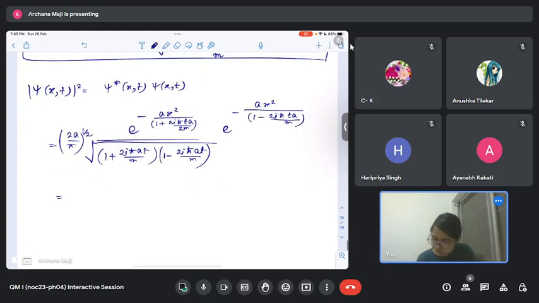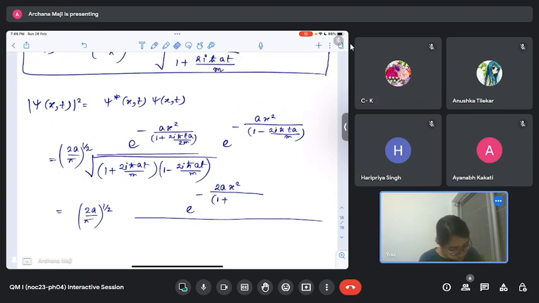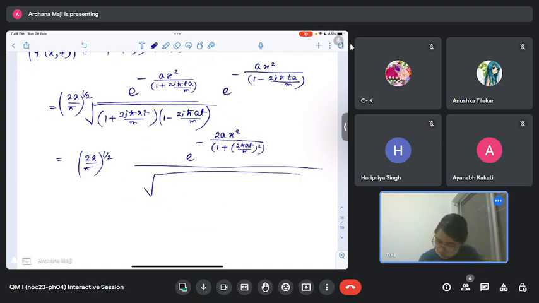Okay. So if you simplify this, these two are in the exponent, so they get added up, and if you simplify it, you will get (2a/π)^(1/2) exponential minus 2a x square divided by 1 plus... these two will get multiplied, so it's 1 minus x square, and because of i it will become plus (1 plus 2ħat/m) whole square divided by (1 plus 2ħat/m) whole square.